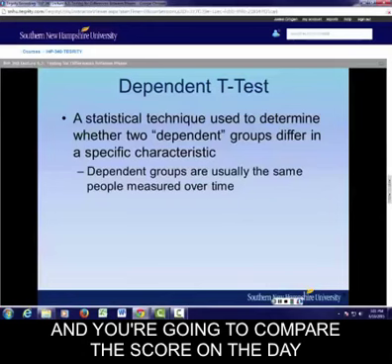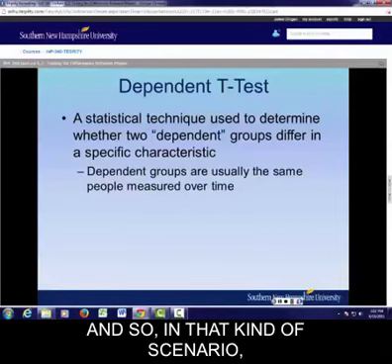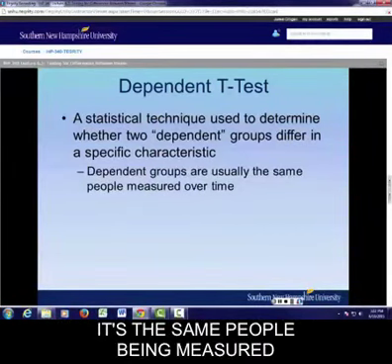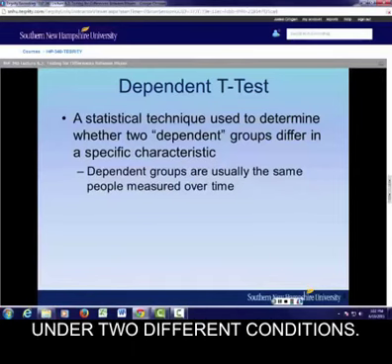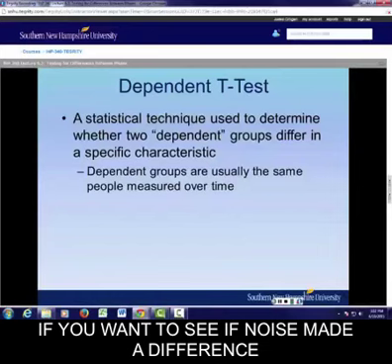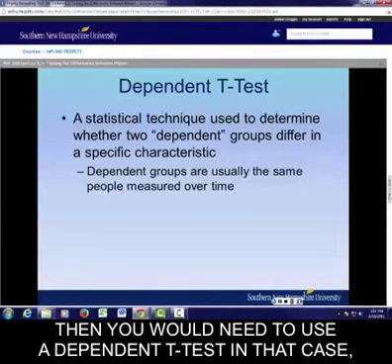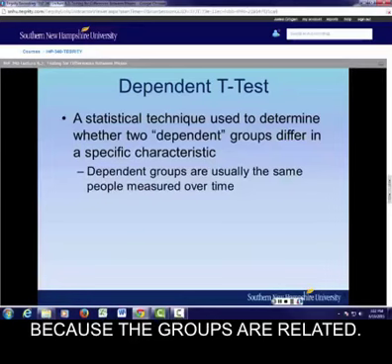And you're going to compare the score on the day that it was quiet to the day that it was noisy. So in that kind of scenario, it's the same people being measured under two different conditions. So if you want to see if noise made a difference in someone's ability to take a test, then you would need to use a dependent t-test, because the groups are related.